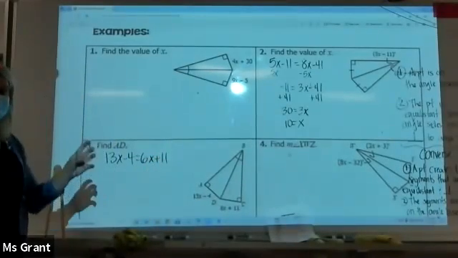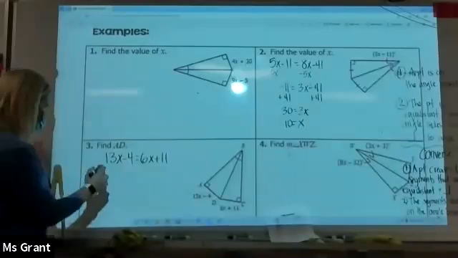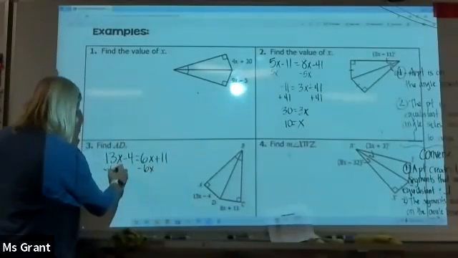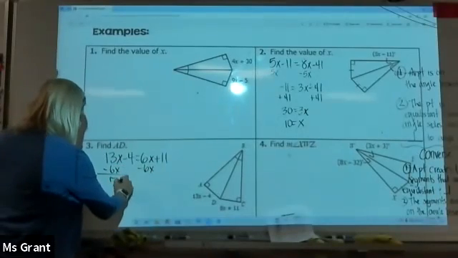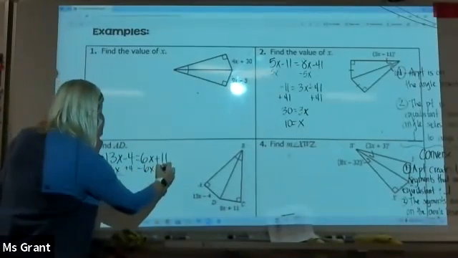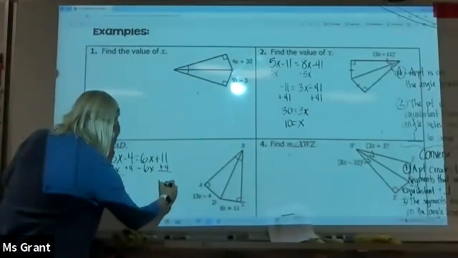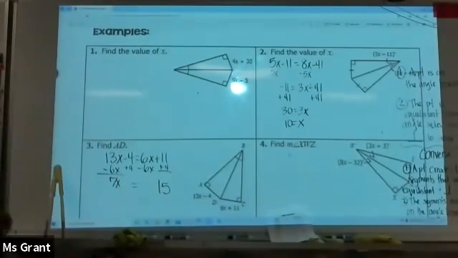Good, but once I get my x, I still have to plug it into AD. Thank you, Jenna. I'm going to subtract the smaller variable first. I think that is an excellent method to use. Did I do something wrong? I think it's 8x. Oh, okay. My bad. That's fine.